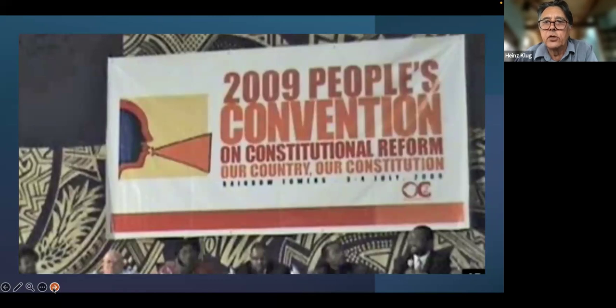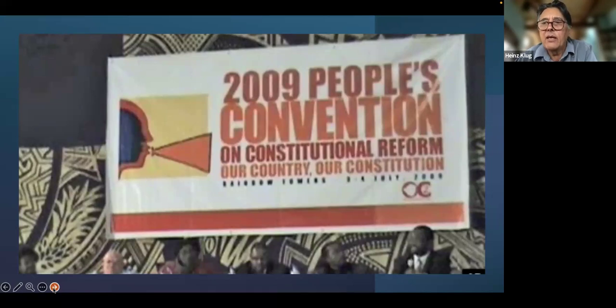But that referendum failed. The population declined to adopt that constitution because they weren't happy with what ZANU and Mugabe were attempting to do. A decade later, in 2009, civil society mobilizes in Zimbabwe to demand constitutional change. This was after the disastrous election in 2008, where the amount of violence led the Southern African Development Community to intervene in Zimbabwe, and an agreement, something called the Global Political Agreement, between the parties to achieve a new democratic process.